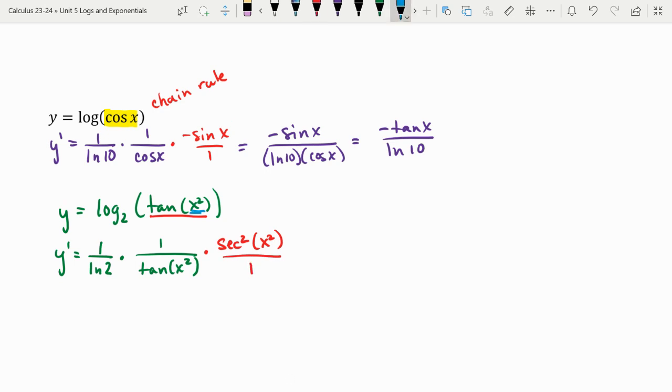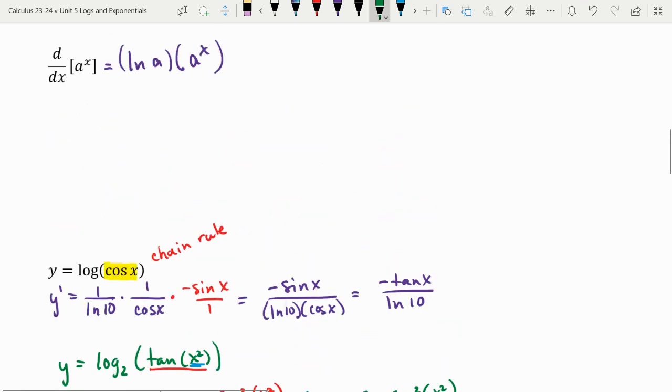And then inside my tangent, I have another inner function. So the derivative of x squared is 2x. So then if I just take all of these and multiply the numerator, I have 2x secant squared x squared. And when I multiply across the denominator, I have ln 2 times the tangent of x squared. And you don't need to do any more simplifying of that one.